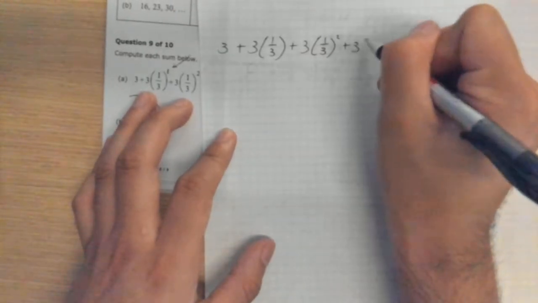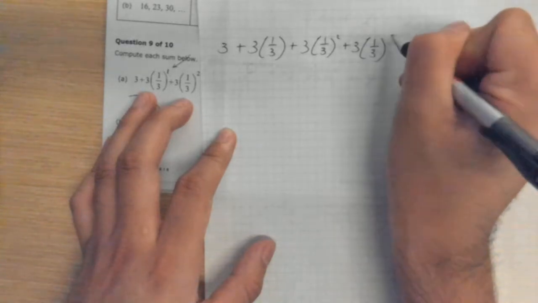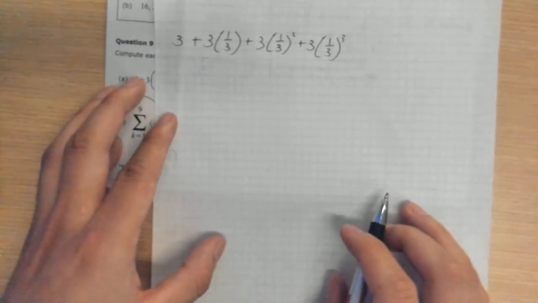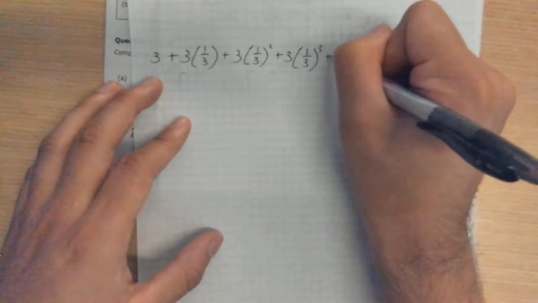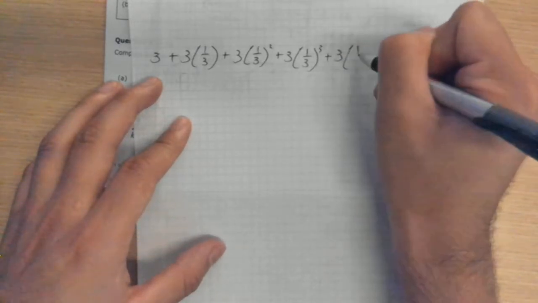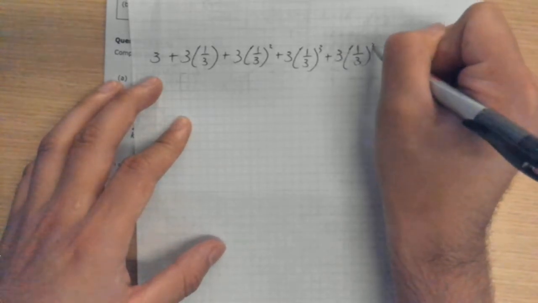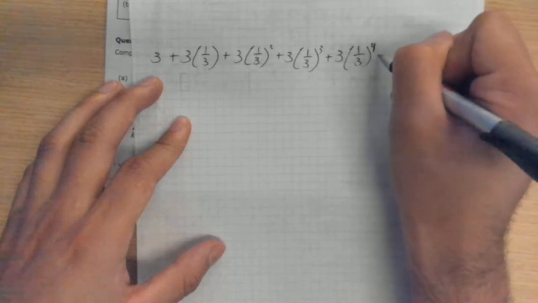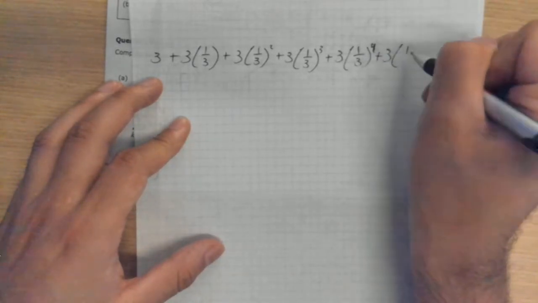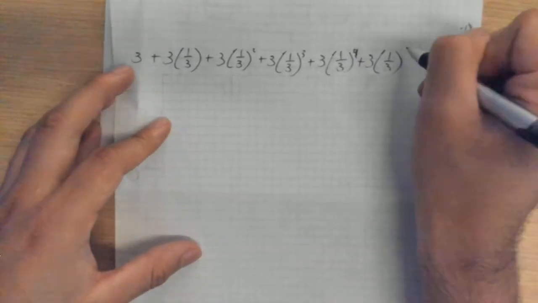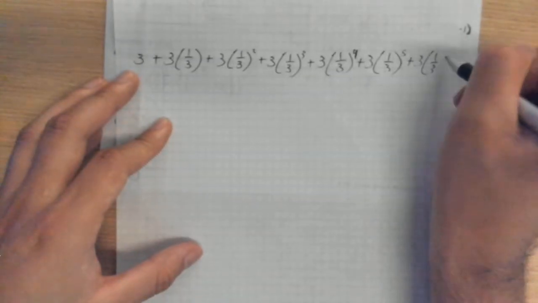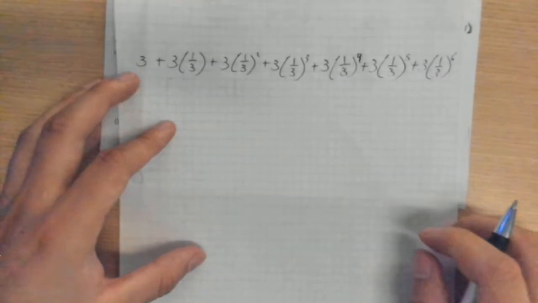It'll be 3 times 1/3 raised to the third. That would be the fourth term. Just keep recreating it, going one by one. It shouldn't take you long. Oh wait, this should be the fourth power. Then this should be to the fifth power. And look, one more: 1/3 raised to the sixth, and that's the last term.